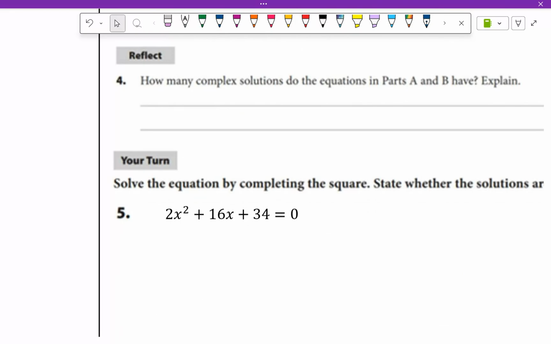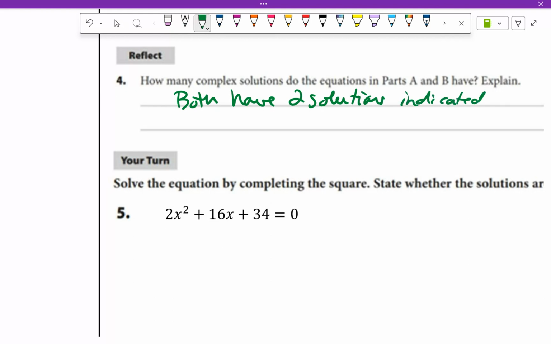What indicates the 2 solutions? The plus minus. Good. So they both have 2 solutions. Both A and B have 2 solutions indicated by the plus minus. Because it's complex, right? We get to include the i's.